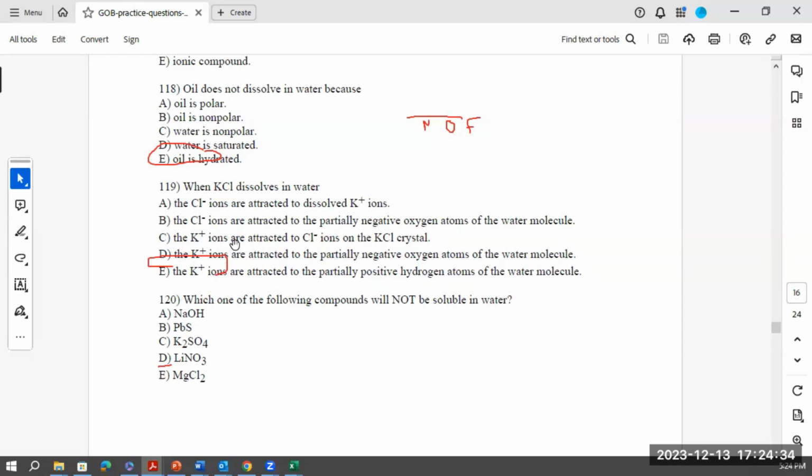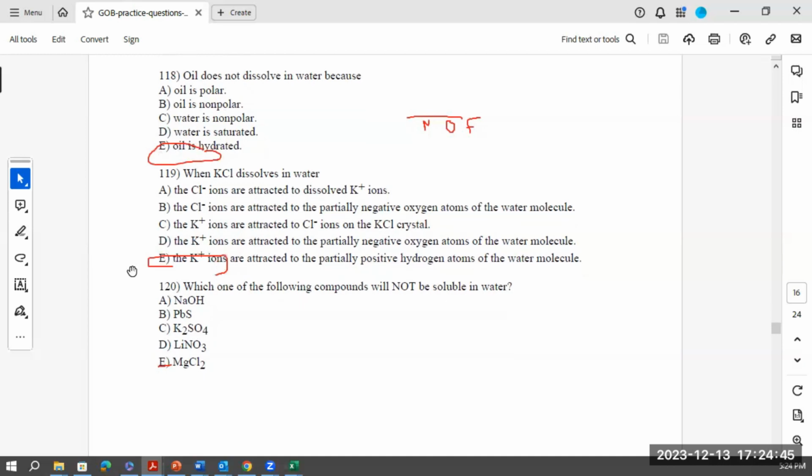C, the potassium ion is attracted to the chloride ion on the potassium chloride crystal. D, the potassium ion is attracted to the partially negative oxygen atom in the water molecule. E, the potassium ion is attracted to the partially positive hydrogen atom of the water molecule.